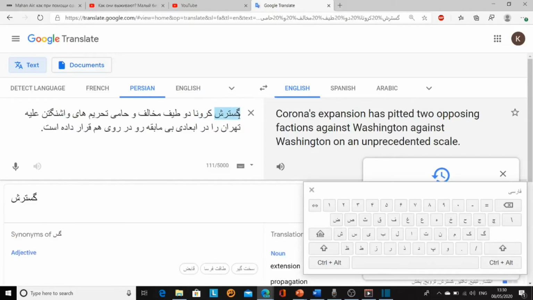If I know that an adjective goes after a noun usually, then this is probably expansion, right? And this right here could imply possession. But it could also just be part of the spelling. See, I have to figure that out.